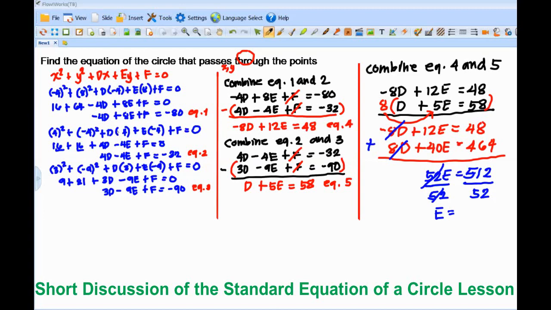No. My E is 8. Negative 7. We need to check it again. 15, 4D, negative 4E, and 0. 4E minus 4, 4D minus 4E, plus F. 3D minus 9E plus F.